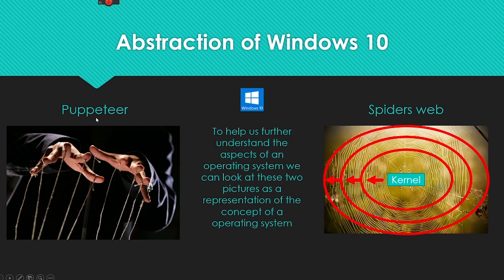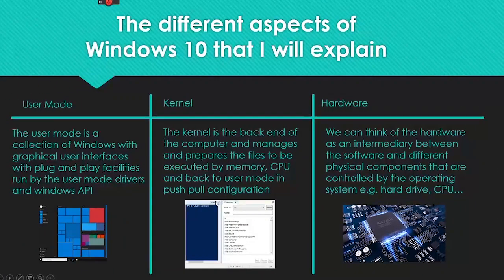We can also abstract it using a puppeteer, and we can call Windows 10 the puppeteer, who controls all of these aspects. The different aspects that I'll be explaining of Windows 10 will be the user mode, kernel mode, and the hardware.